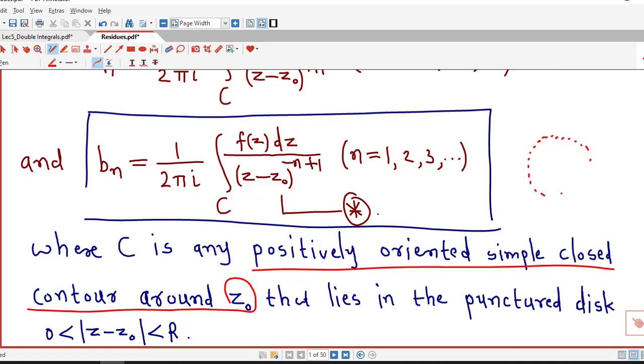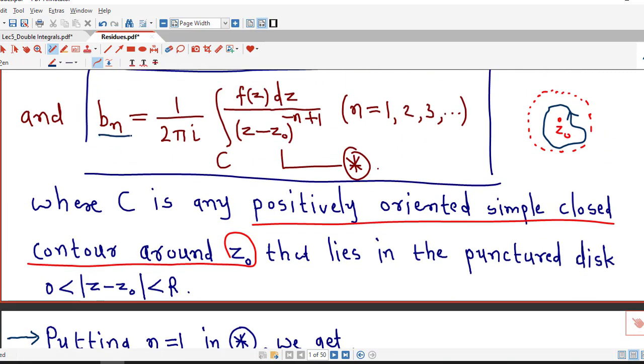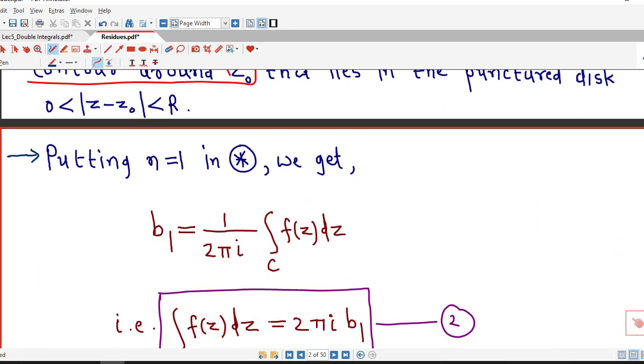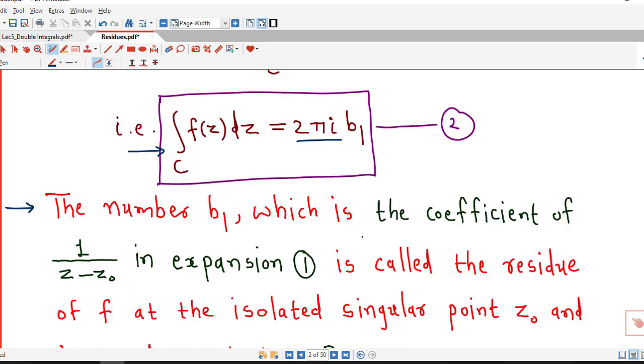So if we consider this deleted neighborhood of z0, then C is the simple closed contour which lies in this part, that is in the punctured disk 0 less than absolute value of z minus z0 less than r. And if we put n equal to 1 here, we will obtain b1 equal to 1 over 2 pi i times the integral of f of z over C. So from this we obtain the formula for the integral of f of z over C, which is nothing but 2 pi i times b1.